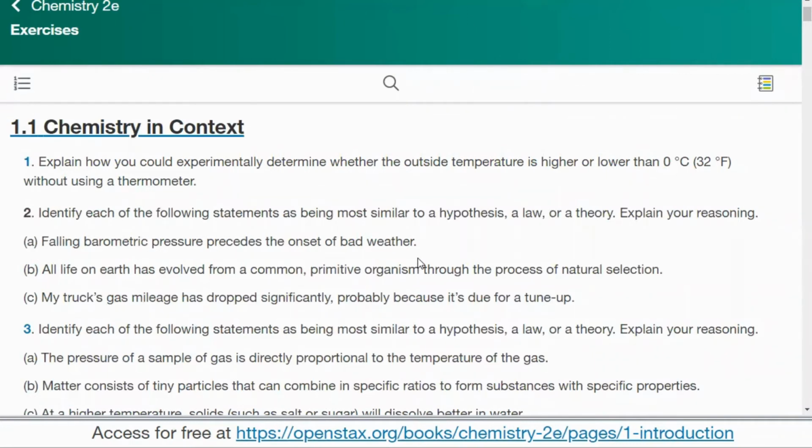So 1.1, chemistry in context exercises. Question 1, explain how you could experimentally determine whether the outside temperature is higher or lower than 0 degrees Celsius or 32 degrees Fahrenheit without using a thermometer. My guess was you could just take liquid water and put it outside.